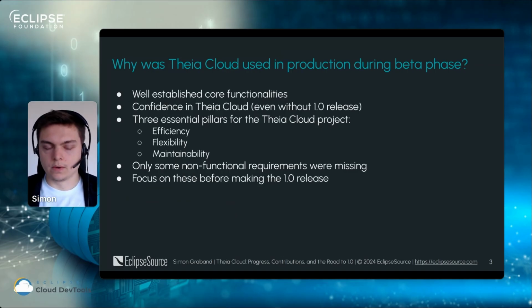So we wanted to focus on these before making the full release, indicating that we are now more happy with the state of these 3 pillars than we were 2 years ago. What I want to do next is go over these 3 topics and discuss what some requirements are for these pillars and what we did in order to now be much more happy with the state of the project in regards to those topics.